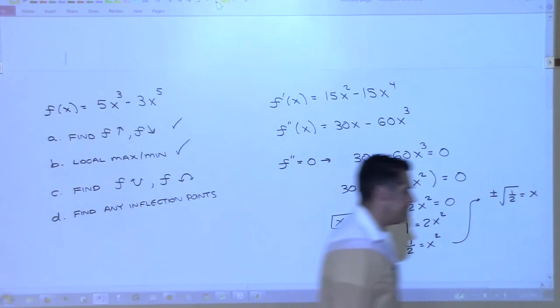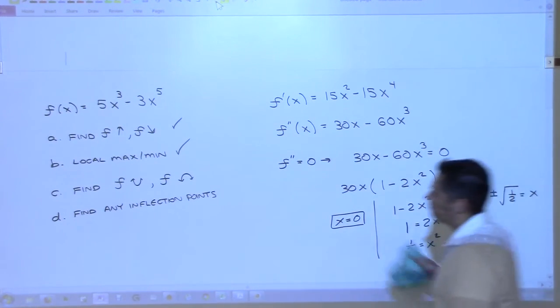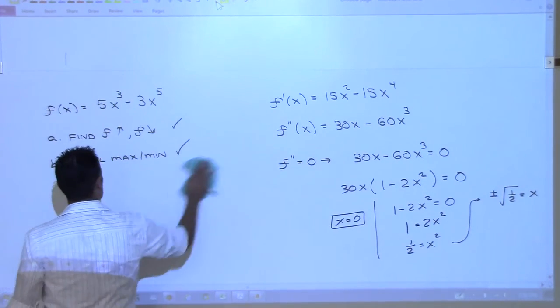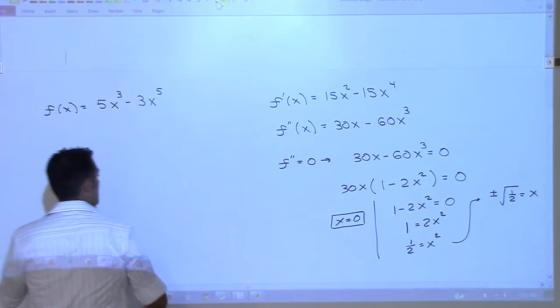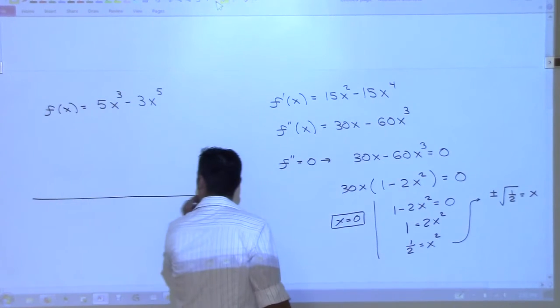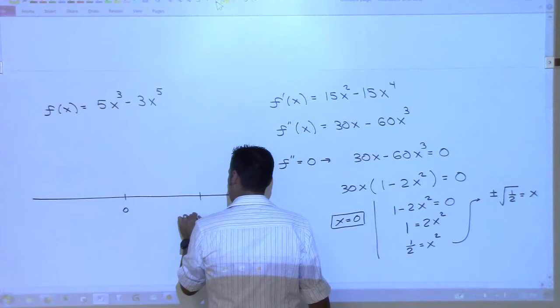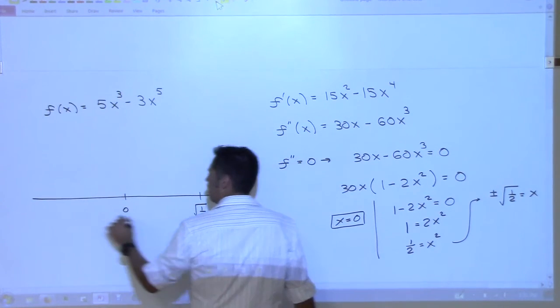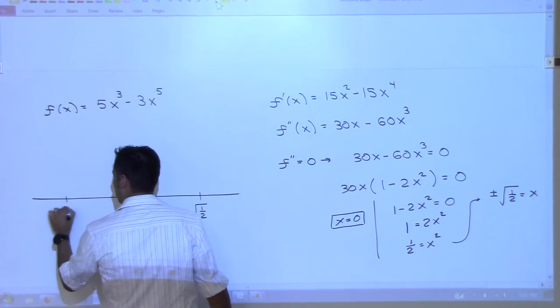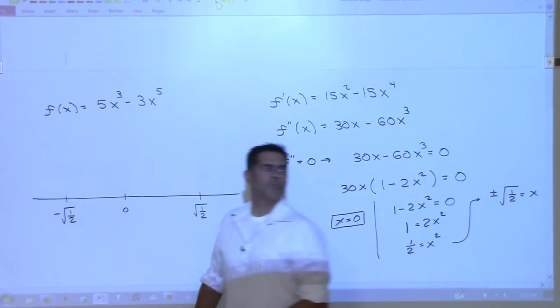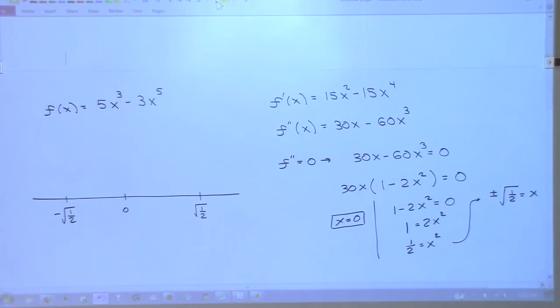So number line now. So here comes my number line. And I'm going to have 3 points. Here's 0. Here's square root of 1/2. And here is negative square root of 1/2. Right? And now you're going to break up your number line into 3 points, how many regions are we going to get from that? 4 regions.